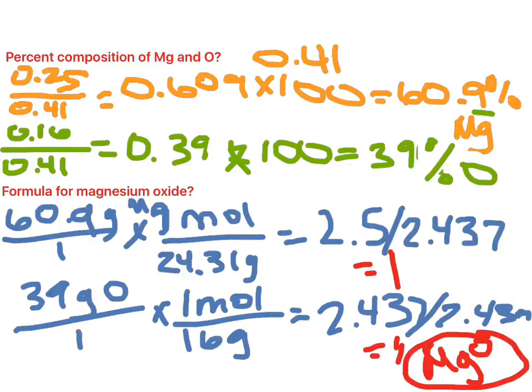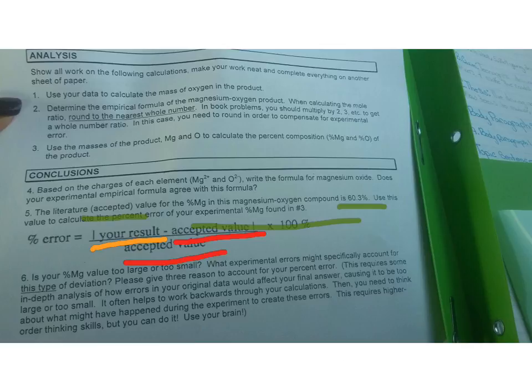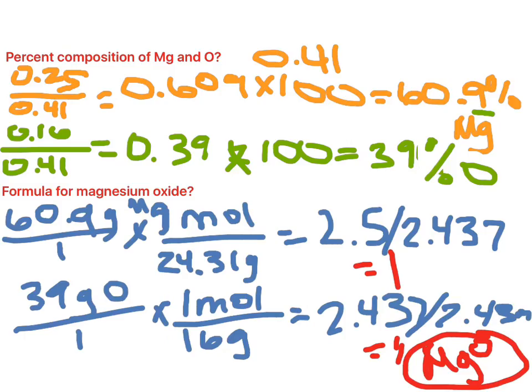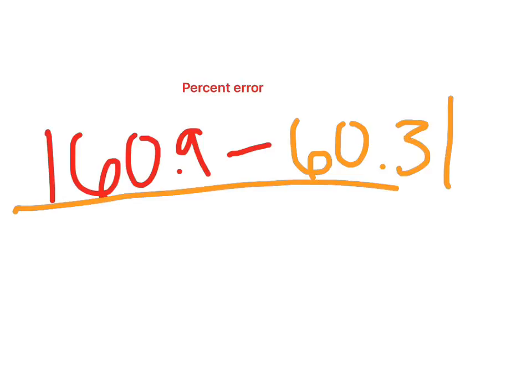So your result from number 3 for Mg is 60.9. So you're going to take 60.9 minus the accepted value that he gave you, which is 60.3, absolute value, over 60.3.